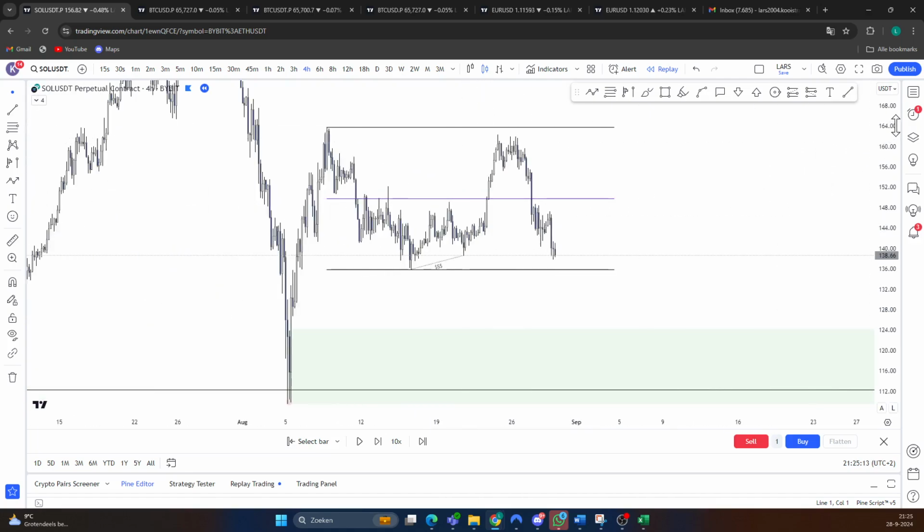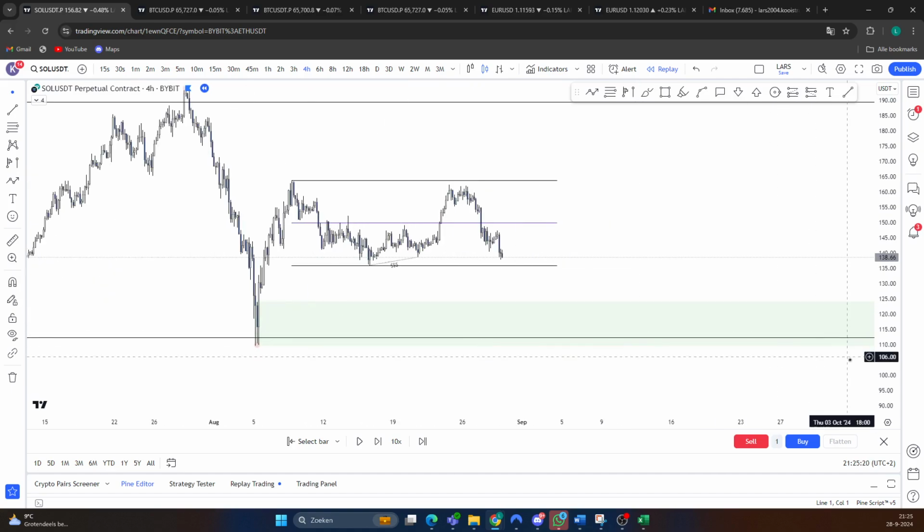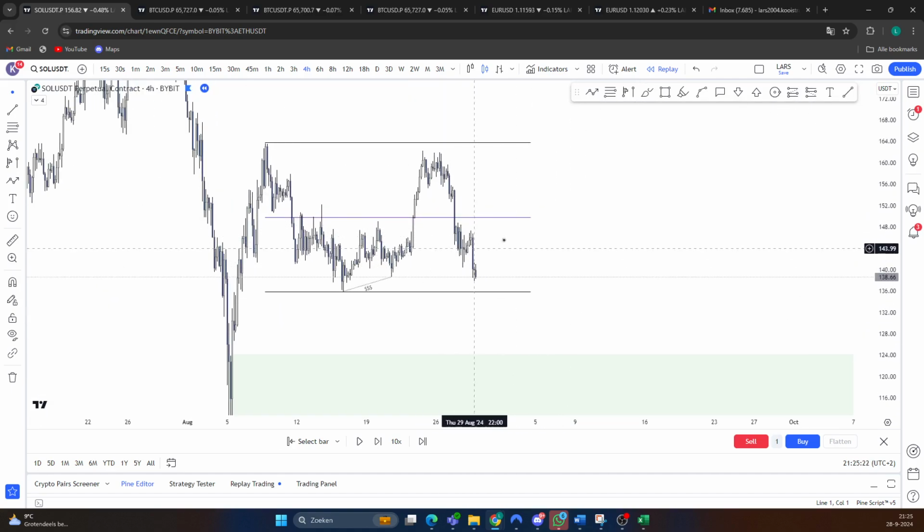And also, we know if this wants to be a valid macro high time frame accumulation schematic, we need to come to this demand zone. So even though we're in the discount section of this range, applying macro context on the chart, there's nothing to hold price up, and there are reasons to come lower from a liquidity and a demand perspective.